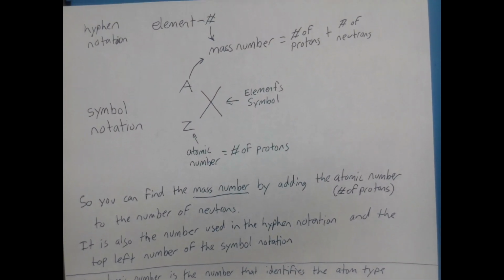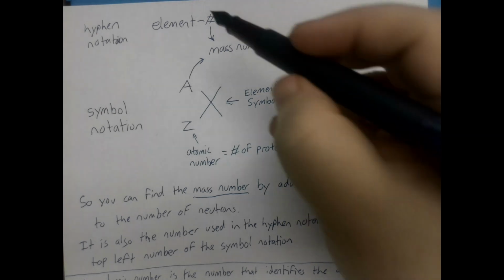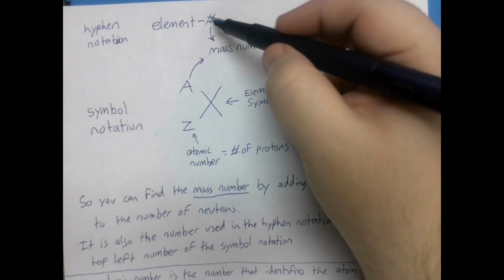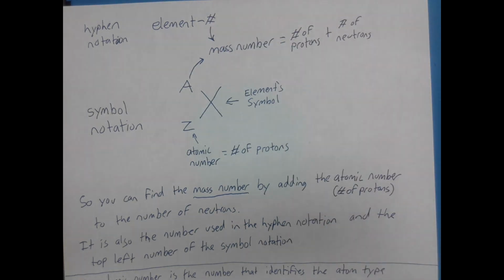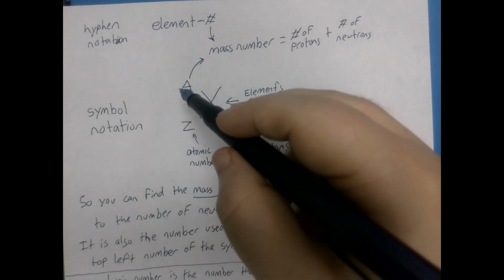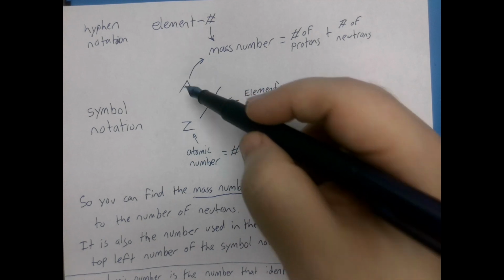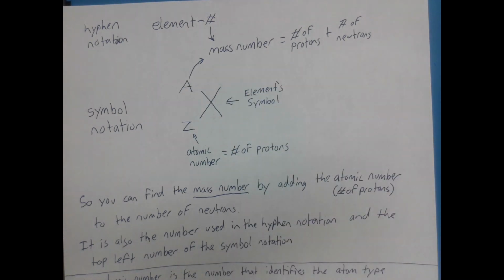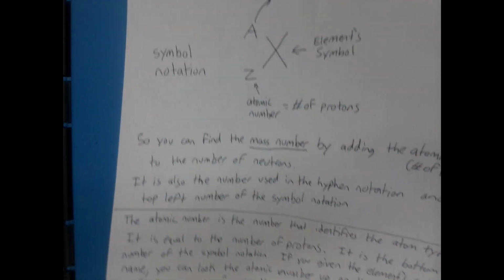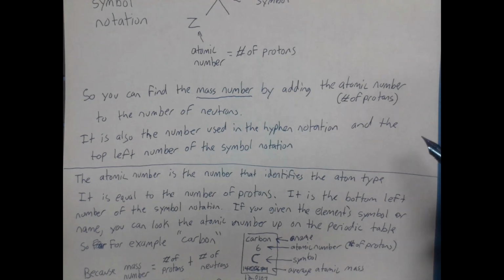So in summary, if you want to find the mass number, if you were given the hyphen notation, that is the mass number. If you were given it in symbol notation, the top left number is the mass number. If you were given the protons and the neutrons, the mass number is the sum of protons and neutrons.